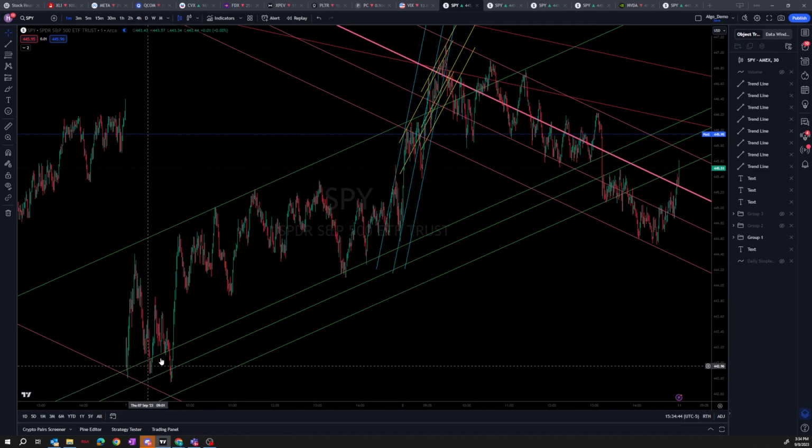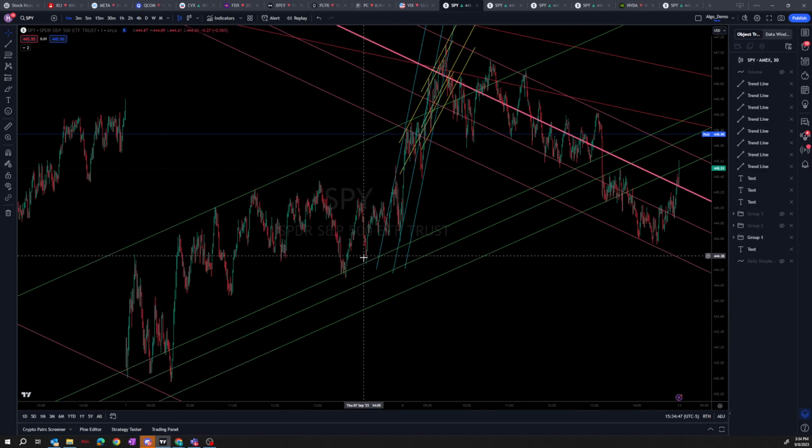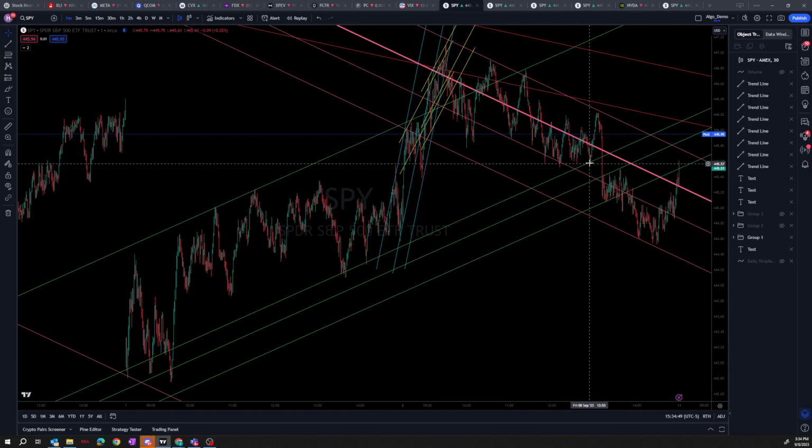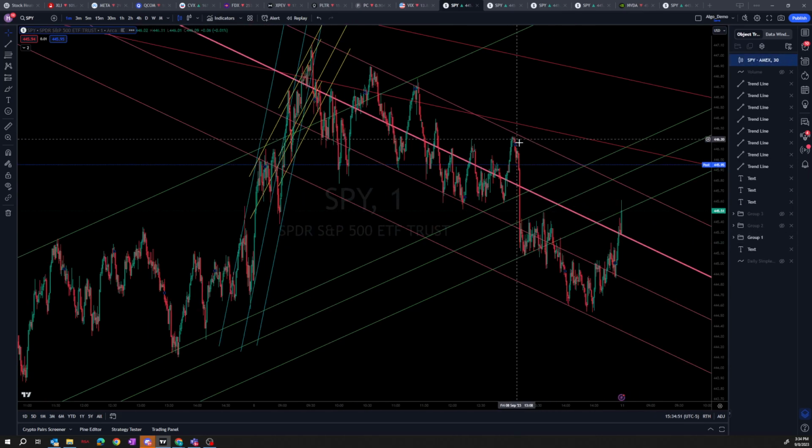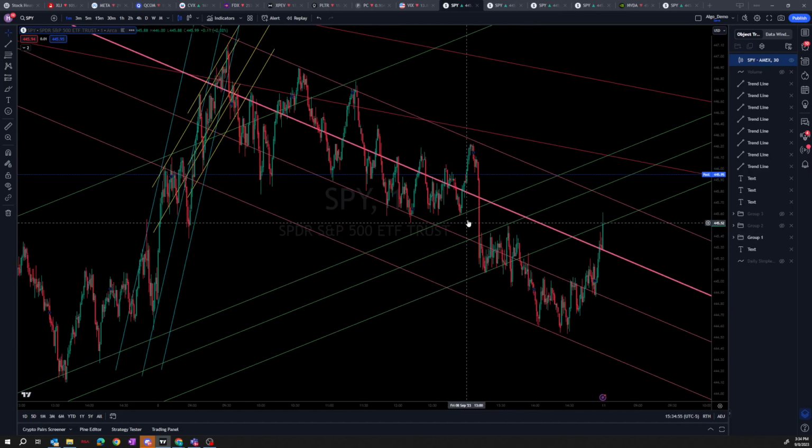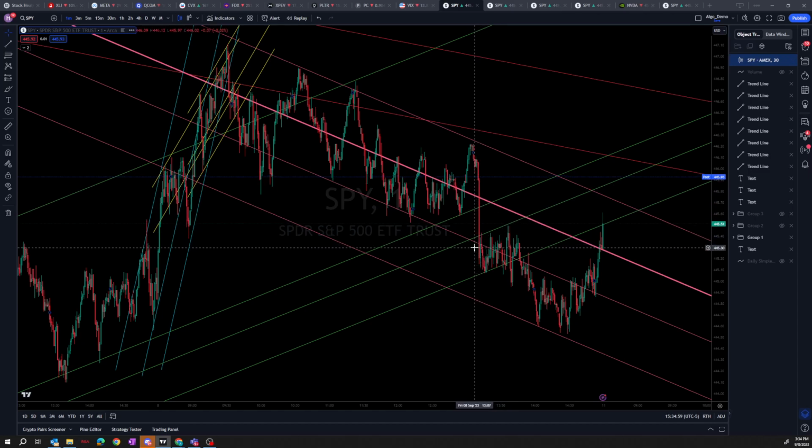This is the bottom of the green algo. We had some support here, and then finally we had support here right before this really strong selling candle came in, which broke right through it. Typically, when I see a strong selling candle like this break through the algo, that's telling me this algo is no longer going to be support, it's going to be resistance, which is pretty much what happened.